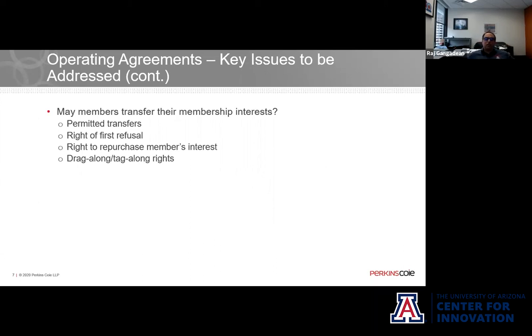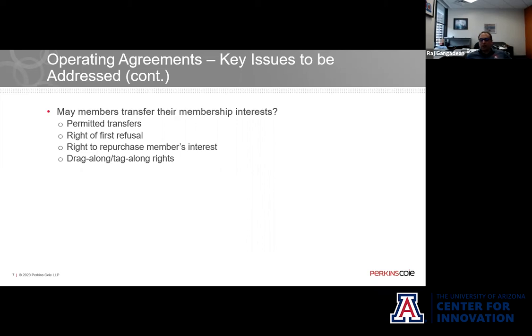Sometimes you'll see things that are called drag along or tag along rights. And this comes up a lot when there is a majority owner and one or more minority owners. Let's say Anita and I have an LLC, and Anita owns an 80% interest in the LLC, and I have a 20% interest.